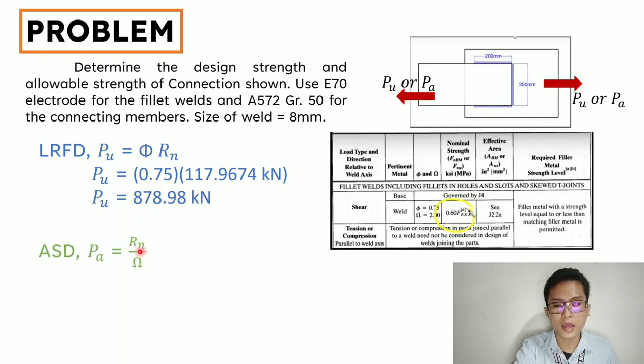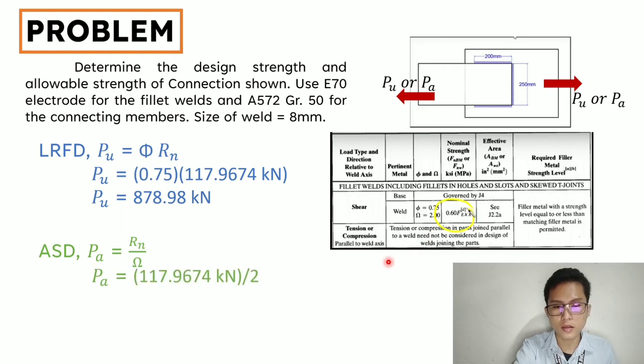And now for ASD, or our P sub A, it is equal to R sub N over omega. And the value of our omega, as you can see here, is 2.00.